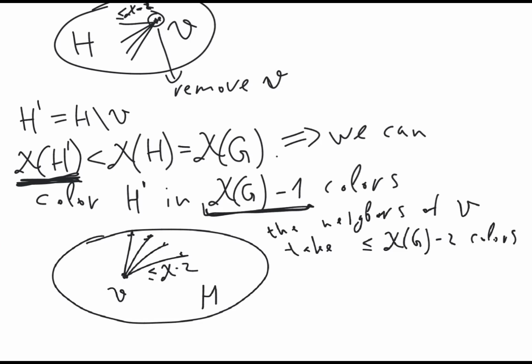So there is one color remaining in the coloring with chi minus 1 colors.